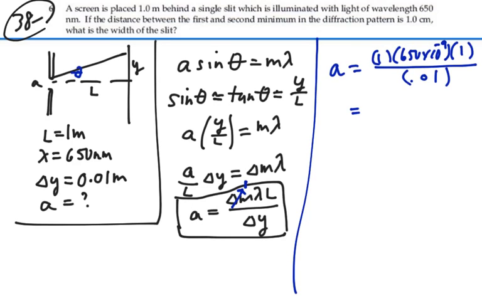So this will be 6.5 times 10 to the minus 5 meters, or about 0.65 micrometers. That's our answer. The width of the slit is 6.5 times 10 to the minus 5 meters.